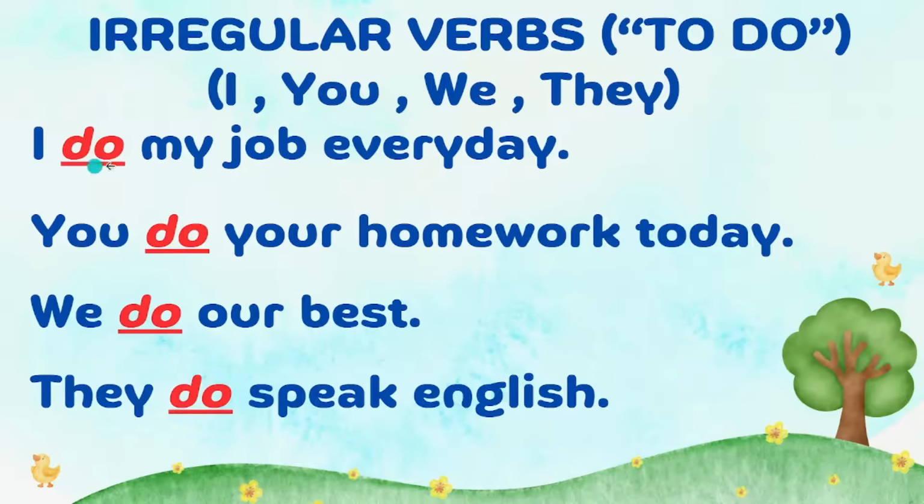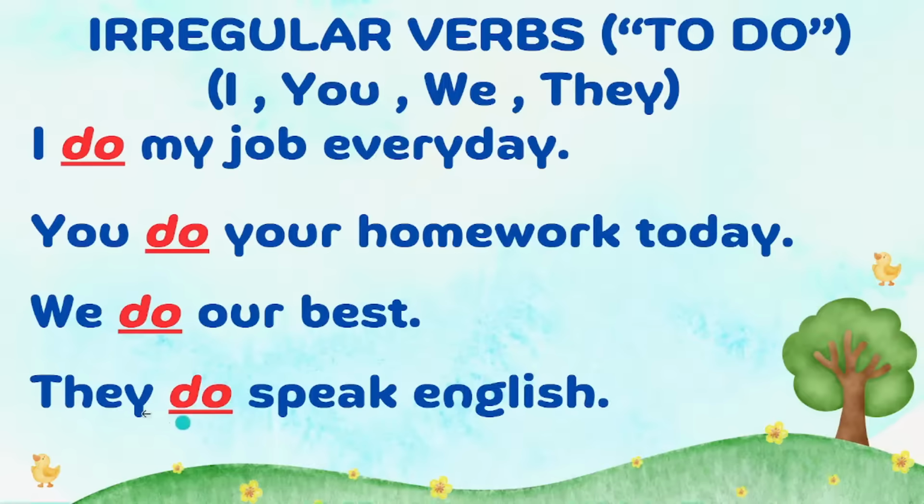You use this irregular verb. Like, I do my job every day. You do your homework today. Yes, you will do your homework today, everyone. You will answer these activities I gave you. We do our best. Yes, of course. We do our best. And they do speak English.